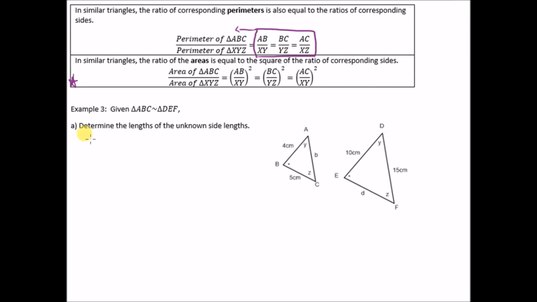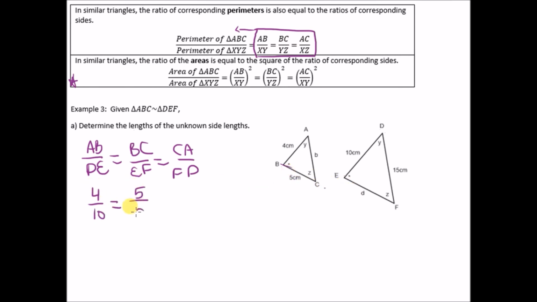Triangle ABC, so let's go AB over DE, BC over EF, CA over FD. And now let's sub in. 4 over 10 is equal to 5 over D is equal to B over 15.